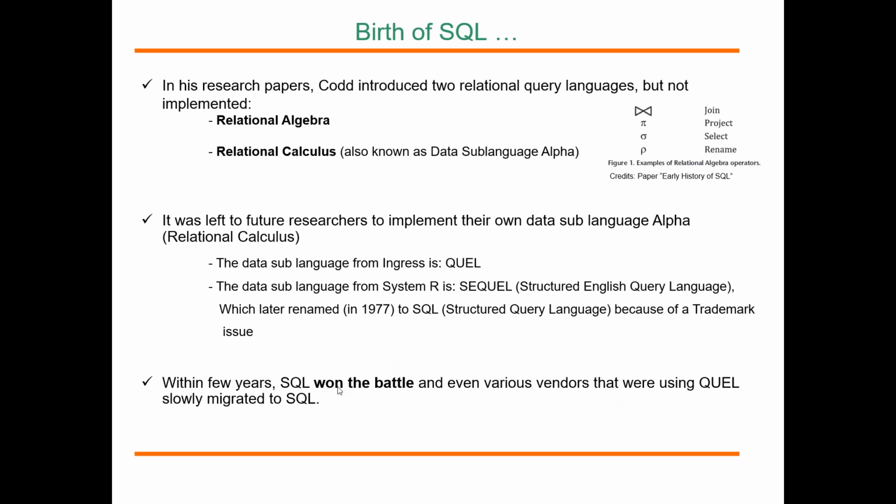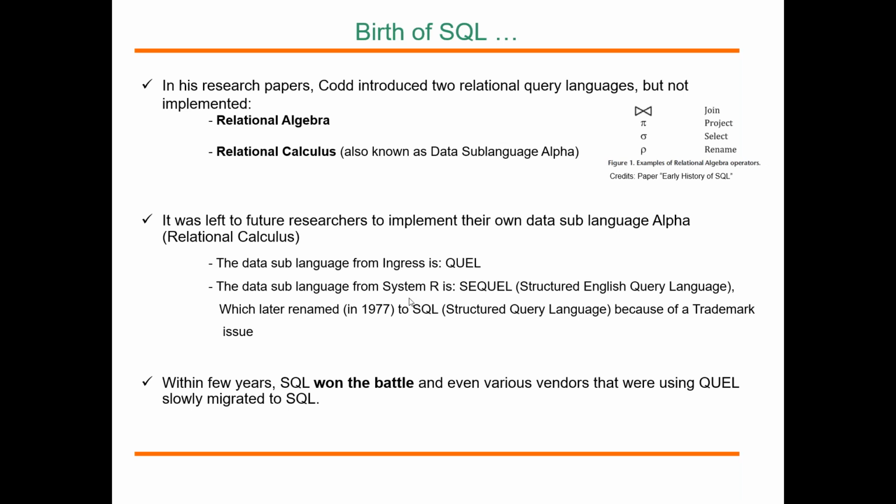Within just a few years, SQL won the battle. Even database systems which were implemented on QUEL were converted into SQL. That's how SQL became dominant. The birth of SQL happened in the System R project.